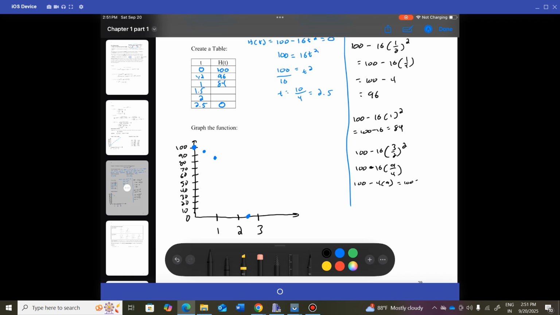So 100 minus 36, which is 64. And then the last one with 2: 100 minus 16 times 2 squared will be 100 minus 16 times 4, which is 100 minus 64, which is 36.